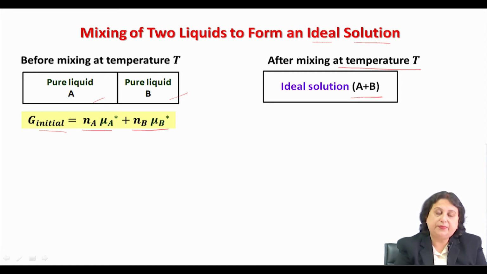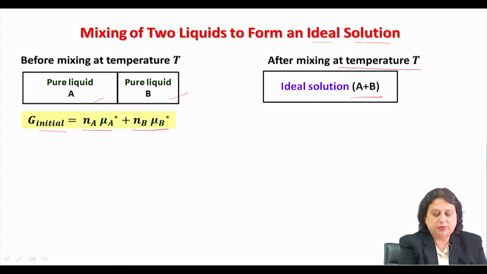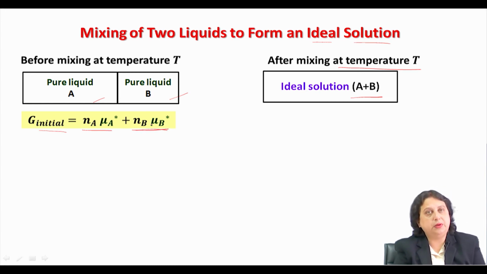So once again, I am assuming that before mixing, I had Na moles of the pure liquid A at a temperature T such that its chemical potential is mu A star. Similarly, I have assumed that I had Nb moles of the pure liquid B at a temperature T such that its chemical potential before mixing was mu B star.